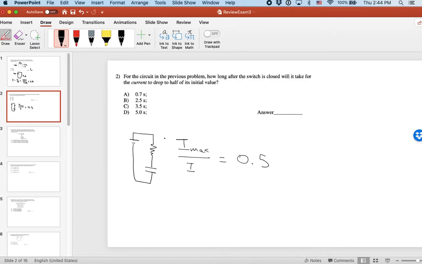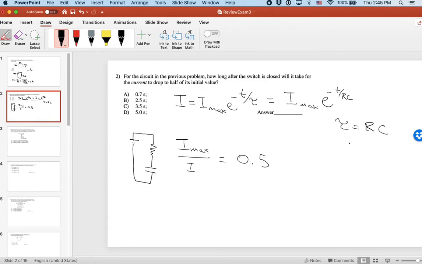And we know that I in an RC circuit is equal to Imax times the exponential of e to the negative t over the time constant, which is sometimes called tau. And we can write that as Imax e to the negative t over RC. So RC is the time constant. So tau is equal to RC.